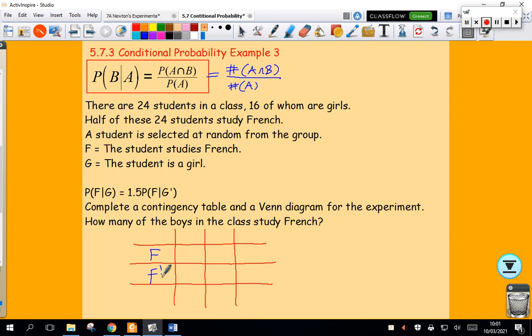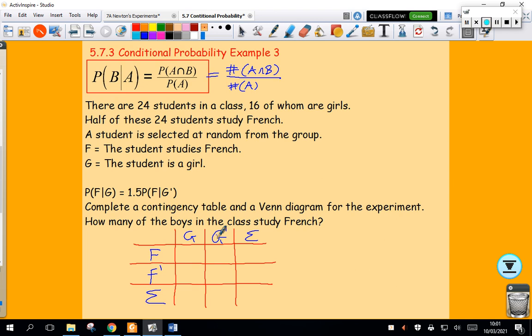That's F complement, the randomly selected student does not study French, and then we have a total. The rows have to cover all possible outcomes, so either you study French or you don't. Up here the student is a girl. The column next to that will be G complement, because either you're a girl or you're not a girl.